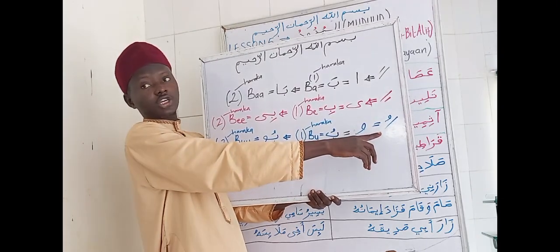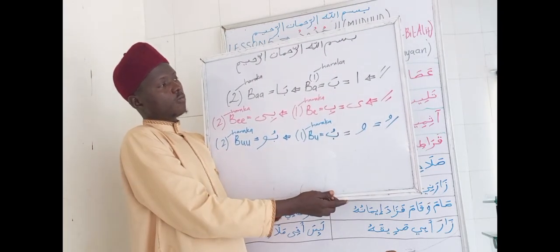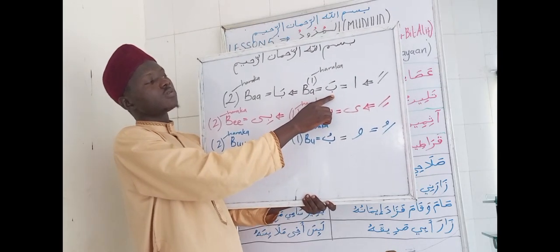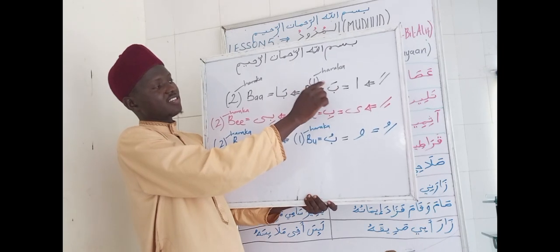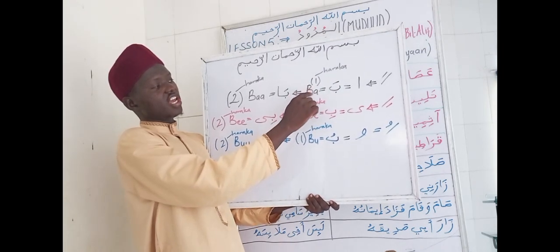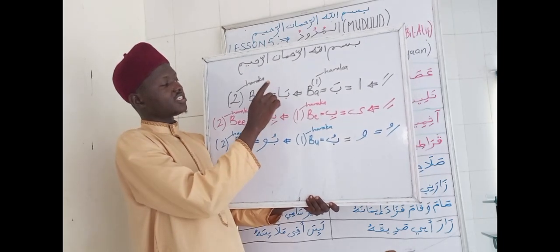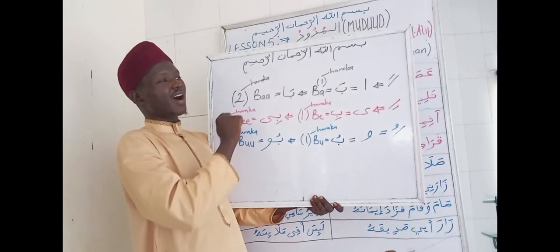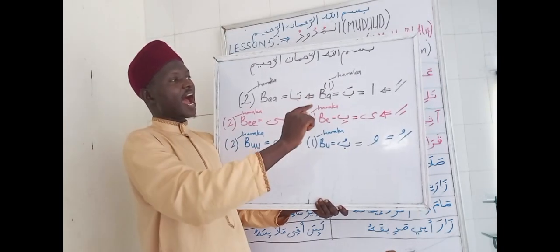And the third, which is dhamma, goes with what? Waw mad. So anytime you are having a huruf, let's say for instance you are having jim fataha is ja, you are going to have just ja. So by the time it is now jim fataha alif mad, ja is going to be jaa, meaning you have stretched it. It's no longer ja but jaa.